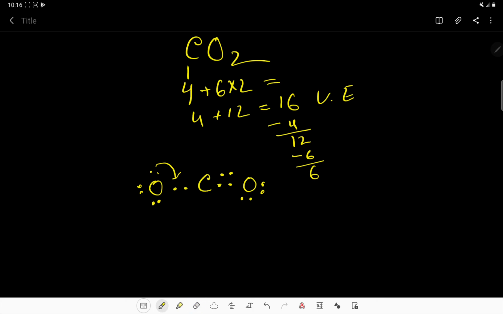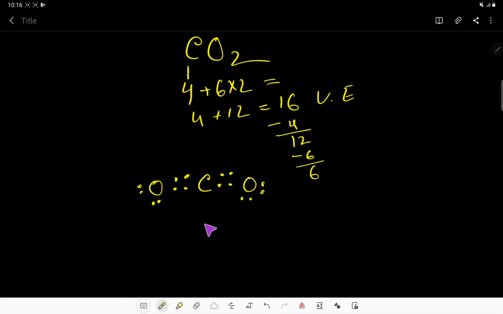And from here, now this carbon has 2, 4, 6, 8. This oxygen has 8, and this oxygen has 8, 2, 4, 6, 8. Then this carbon has 8, 2, 4, 6, 8. This oxygen has 2, 4, 6, 8.